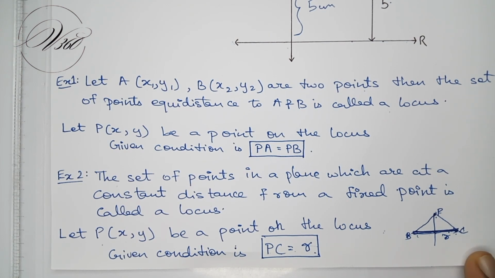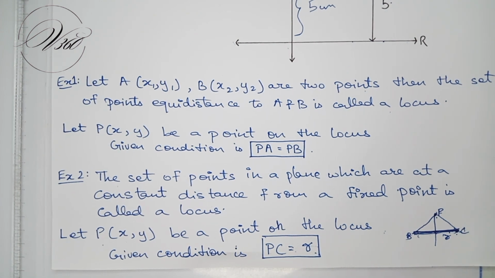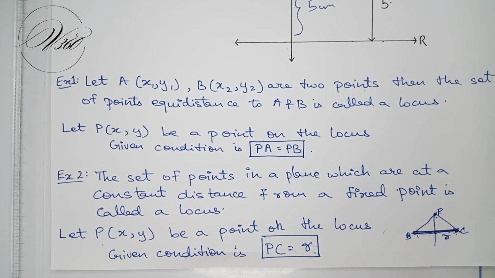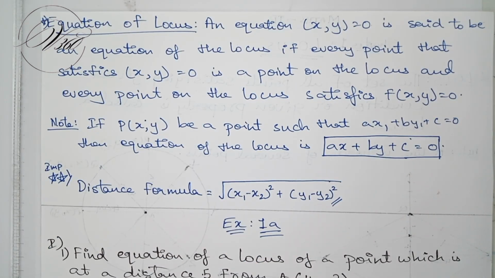Let's go forward to the equation of the locus. Right. Now we are going to learn what the equation of the locus is. Okay. Now write the equation of the locus.